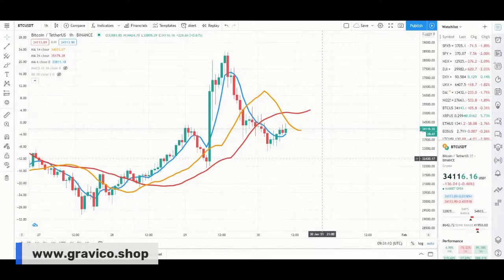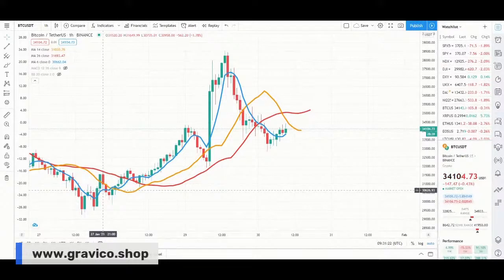Now let's start. This is really quick. When the blue line, the fast line, crosses the middle line, like right over here in this example, there's a consolidation. You can tell that.